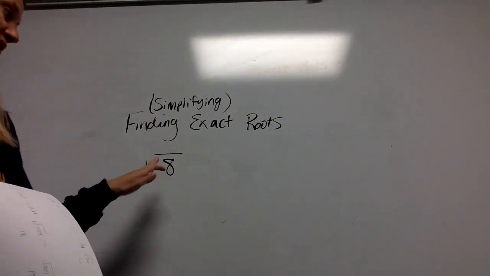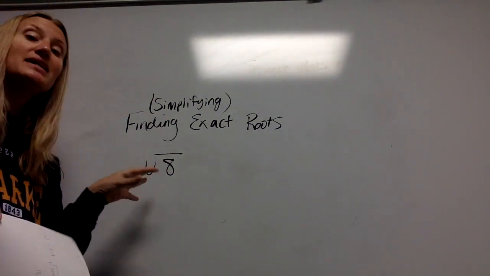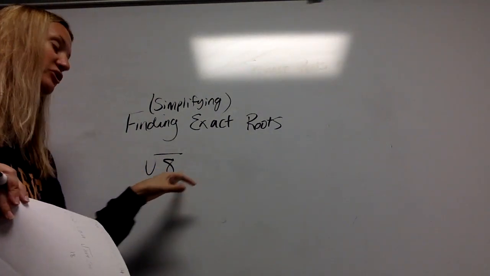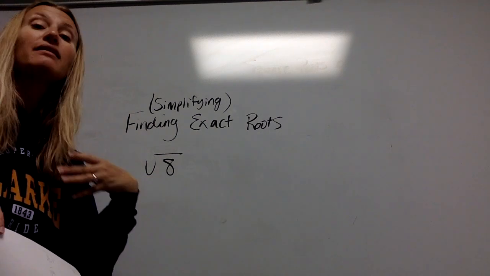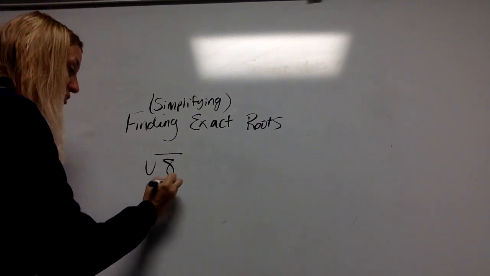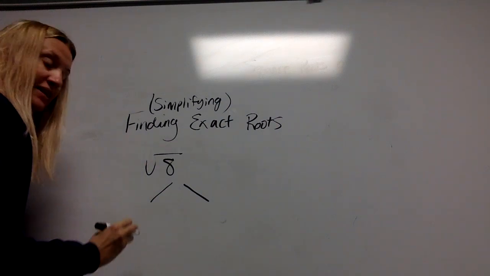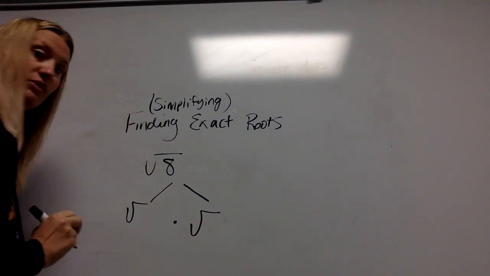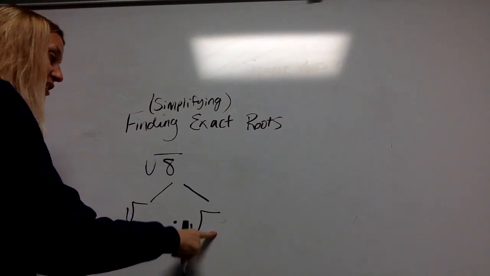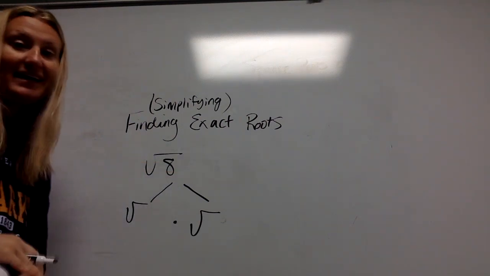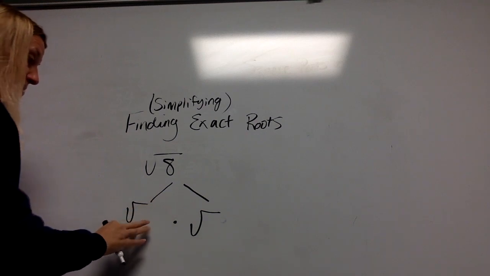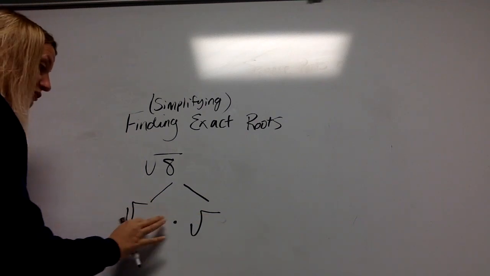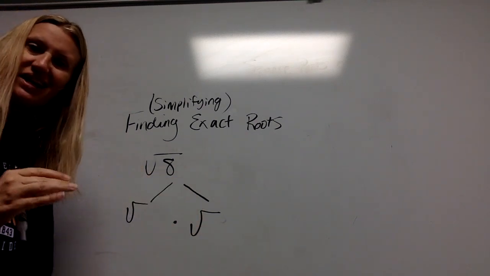This can be simplified because I have numbers that I can multiply to give me 8. That's what I want. So what I'm going to do is split this into a square root of a number times the square root of another number. The numbers that go under here have to multiply to give me 8. 8 and 1, 4 and 2, those are it, right?